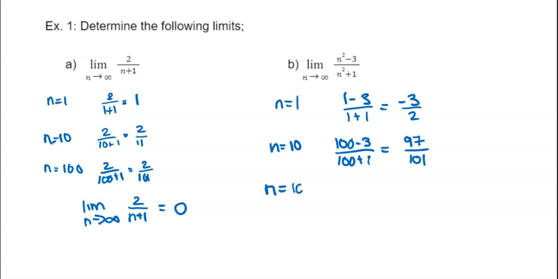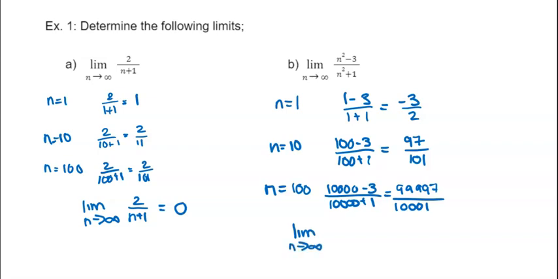If n equals 100, then I would have 10,000 minus 3 over 10,000 plus 1. And now I can start to see my pattern here. This is getting closer and closer to 1. So the limit as n approaches infinity of n squared minus 3 over n squared plus 1 is 1.